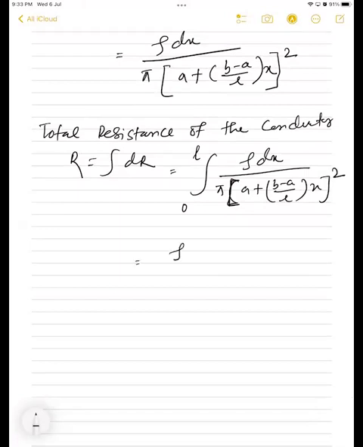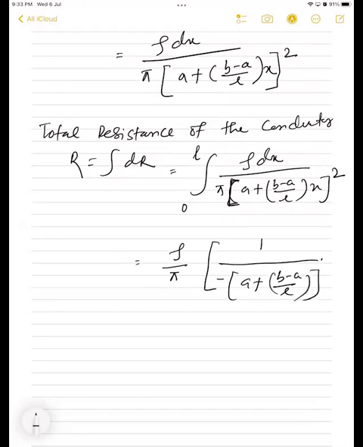So that is equal to rho by pi, which you bring out, and dx by something. You integrate that one and you get 1 by (a plus (b minus a) by L into x) form.